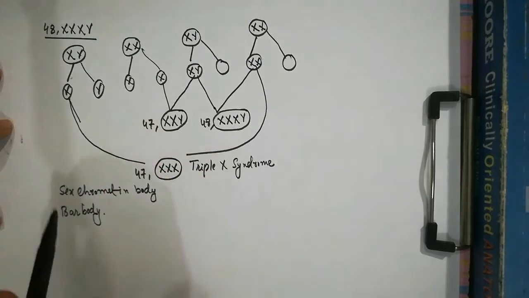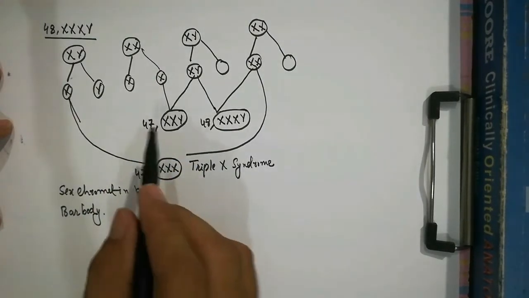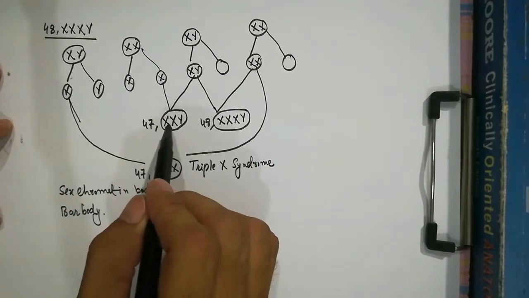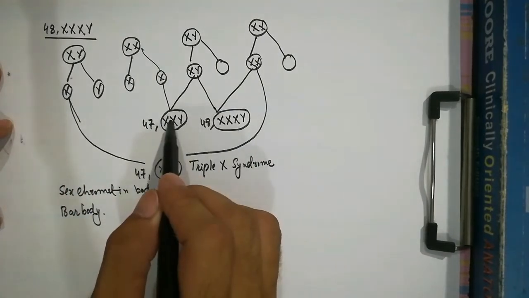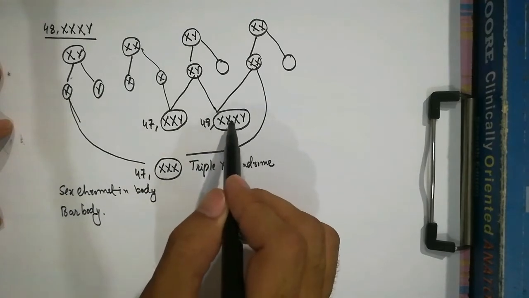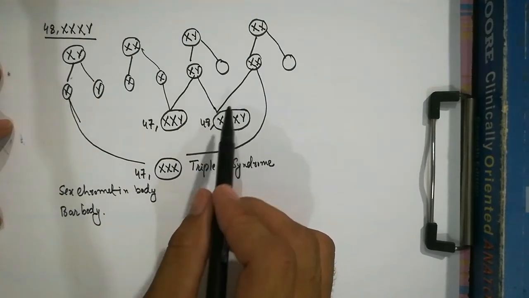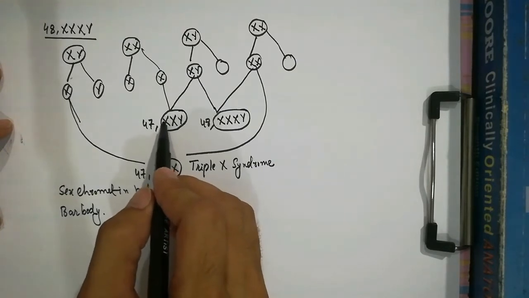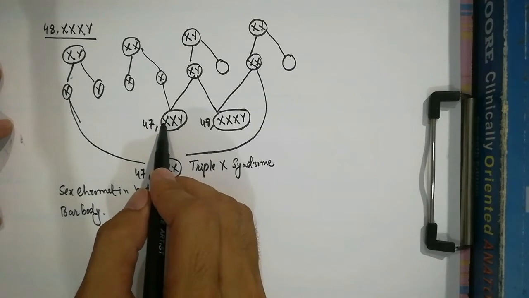In this case of Klinefelter syndrome, one bar body is present, as one X chromosome is inactivated.